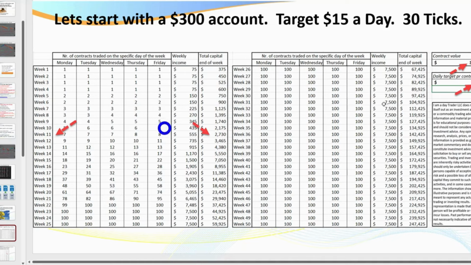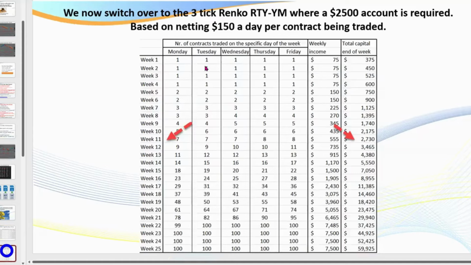Now what you might find is, if you've got the funds available after 10 weeks, you beauty, I've got this down pat, I really know what I'm doing, you might then jump straight to 1 or 2 major contracts. But don't rush it. The market's going to be here next week, next month, next year. Now once we've got those funds there, 2,700, we now roll over to the big contract where we can have a little less.